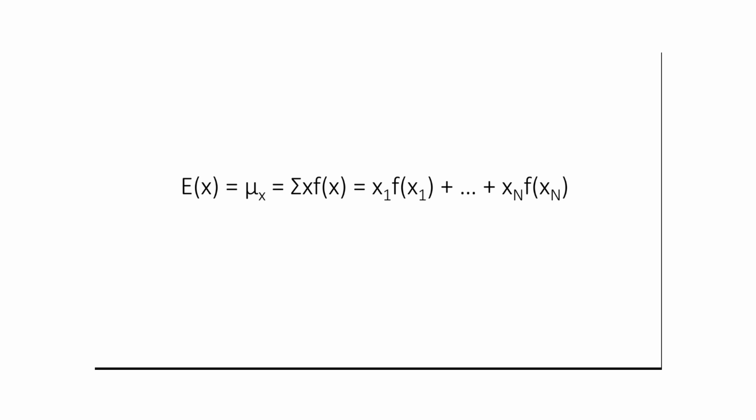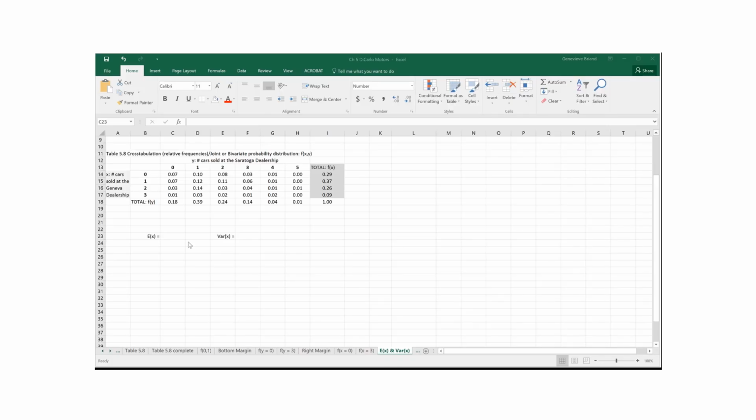In other words, it is the sum of the product of each value x and corresponding probability or likelihood of occurrence f of x. So we're going to simply use the sum of product function in Excel, with the x values and corresponding f of x values.